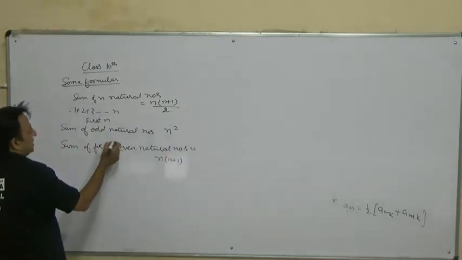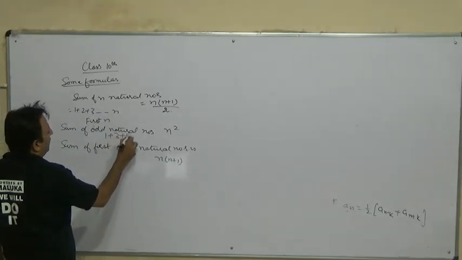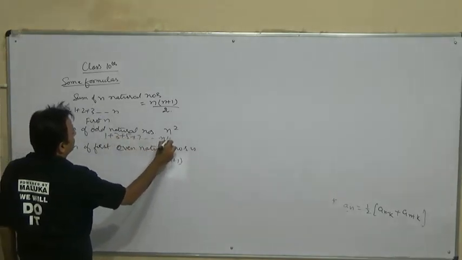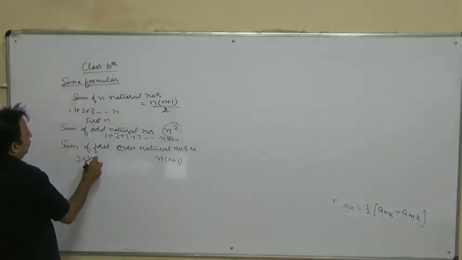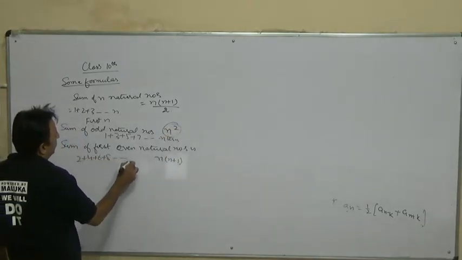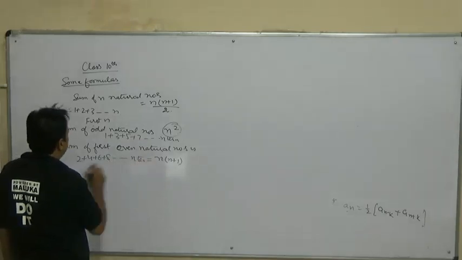Likewise, this is the sequence 1 plus 3 plus 5 plus 7 up to n terms, which results in n square, and this is 2, 4, 6, 8 up to n terms, which will be equal to this.